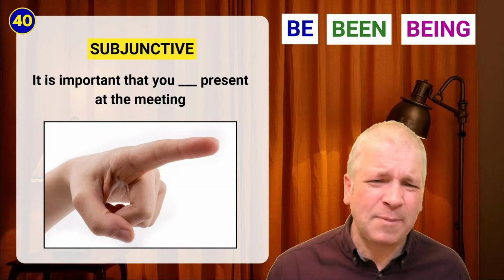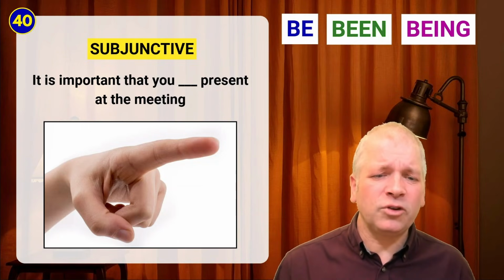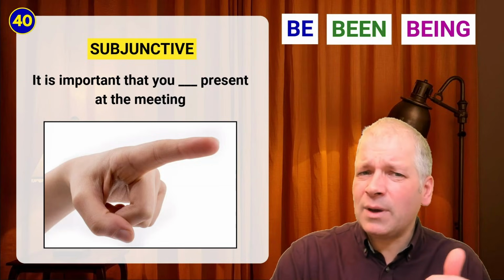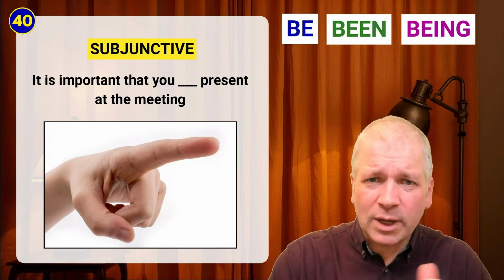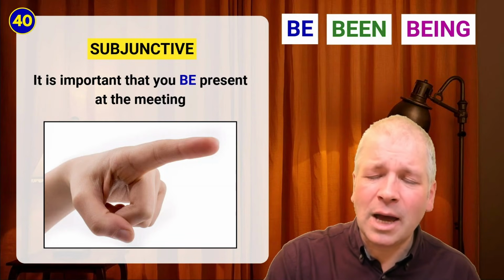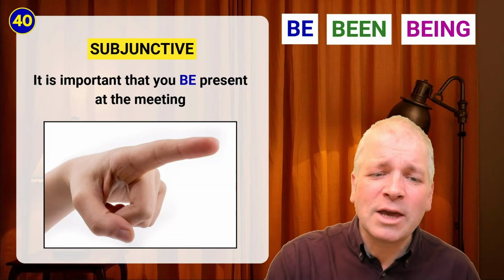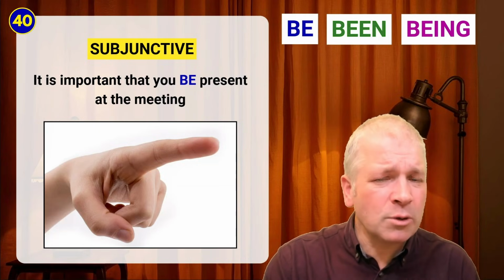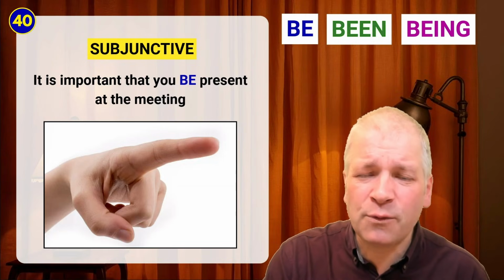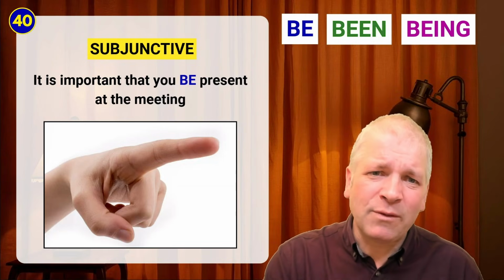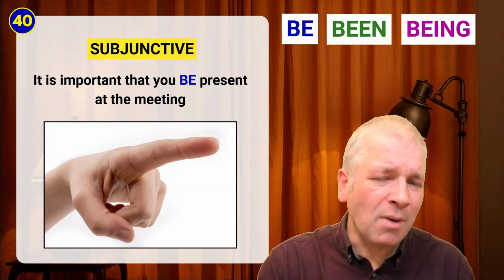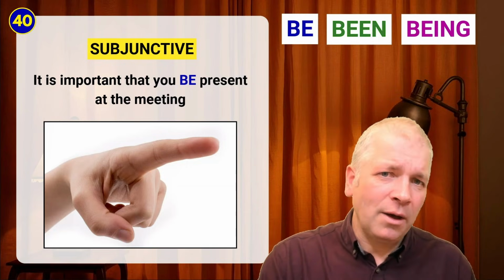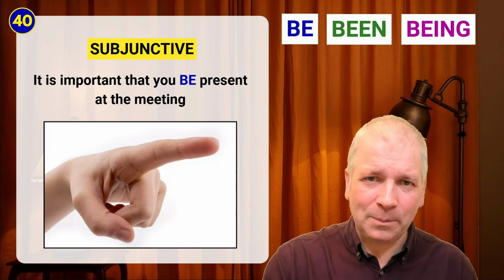Now, normally you would expect us to say, it is important that you are present at the meeting. But when it comes to instructions, we can use this subjunctive form and use be. It is important that you be present at the meeting. So it's not used much, but it is still sometimes used in a formal way. When we're giving orders or instructions out, then you might use the subjunctive form and use be instead of are here.